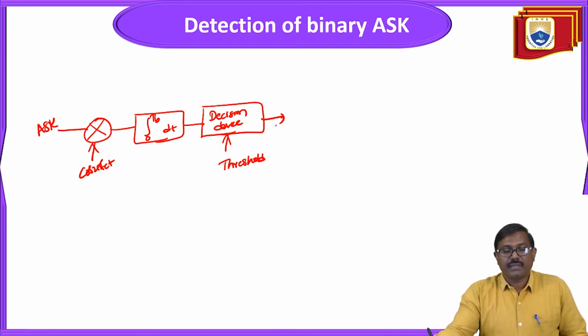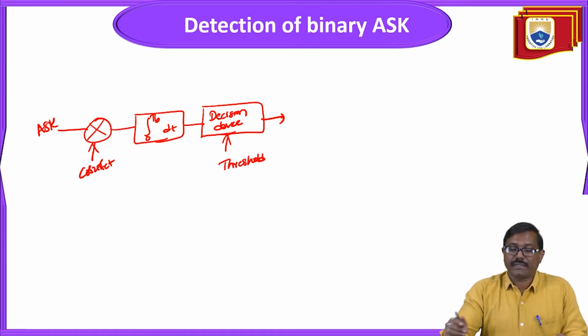This is my receiver. Before going to the receiver, we can represent the signal in a signal space diagram.